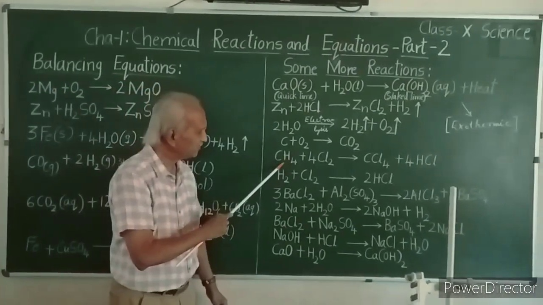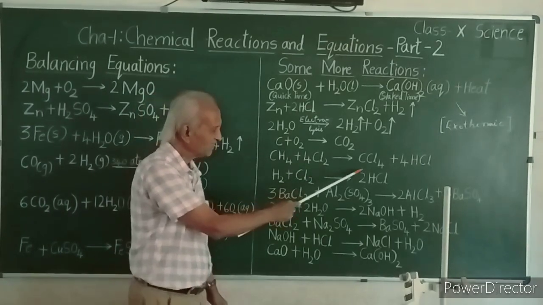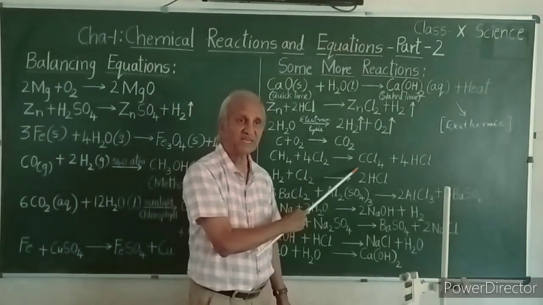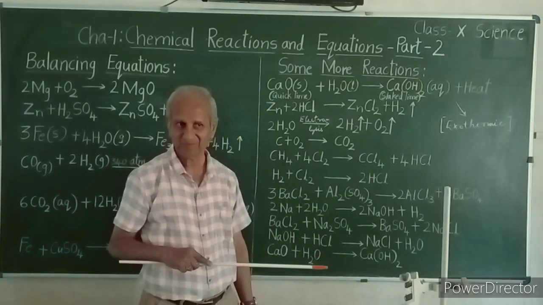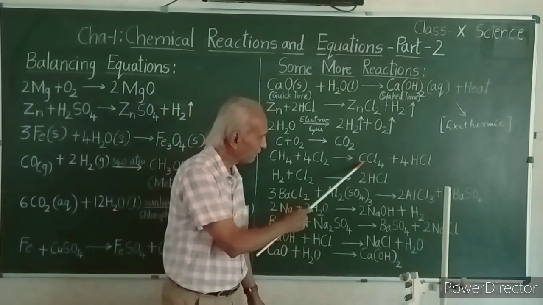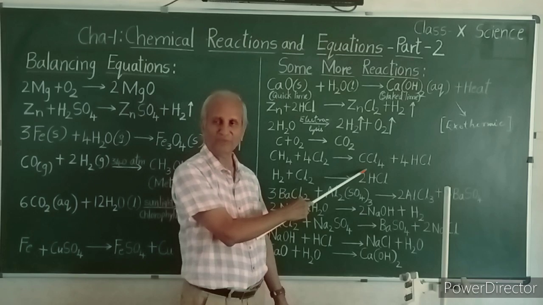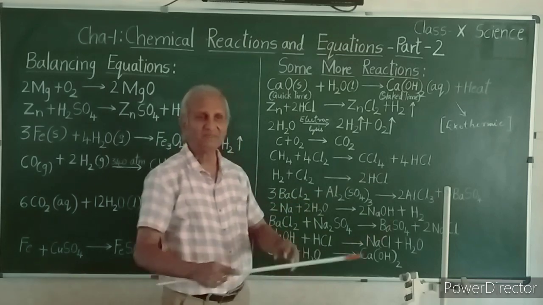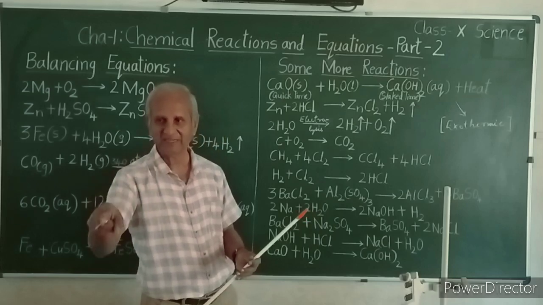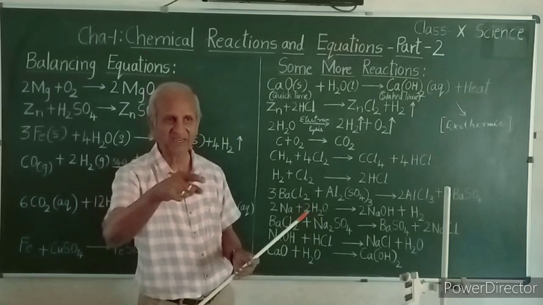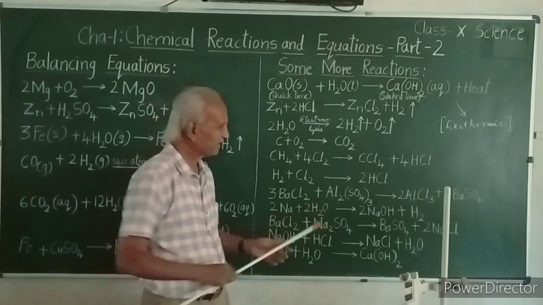Same thing here. CH4, methane, plus 4Cl2, chlorine, gives us carbon tetrachloride. 4 stands for tetra. That way it is easy to remember, and you remember the symbol too. Carbon, C, tetra means 4, then chloride, Cl. CCl4. Easy to remember.